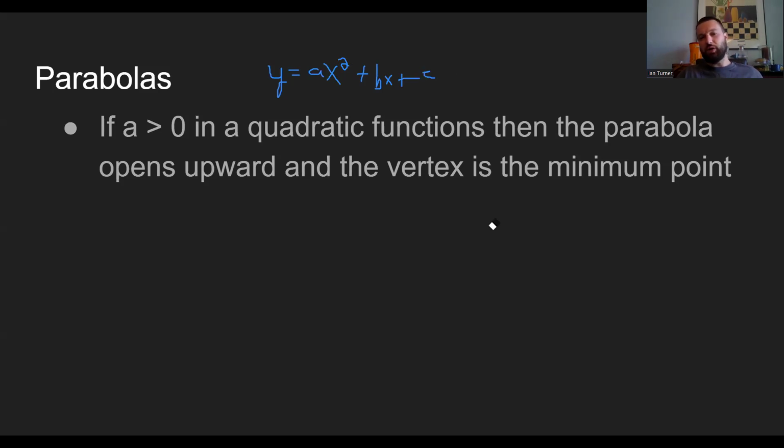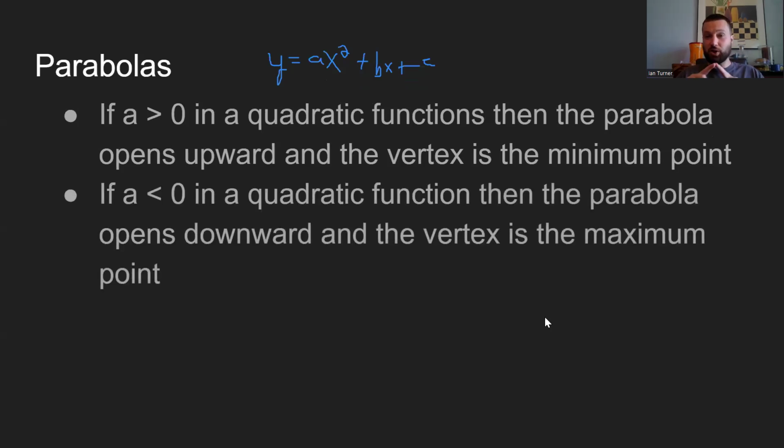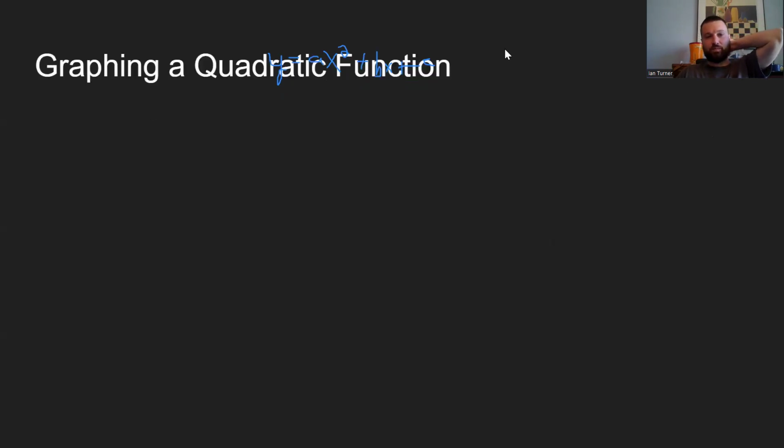That could be your function. If the number in front of the x squared is positive, you're going to have a parabola that opens up, and the vertex is the minimum. If your a term is negative, it's going to open down, and your parabola's vertex is going to be a maximum point.